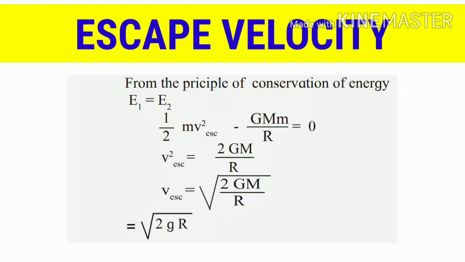That is, v_escape² is equal to 2GM upon R. Therefore, v_escape is equal to root of 2GM upon R, which is equal to root of 2gR.